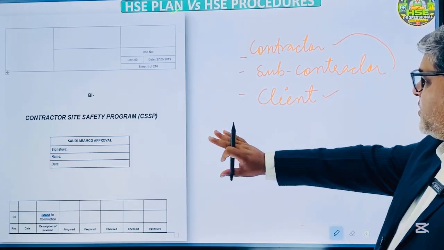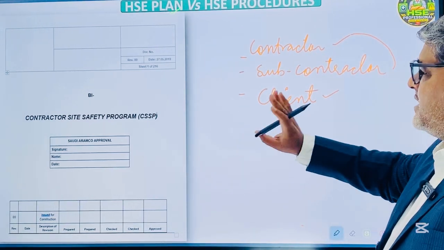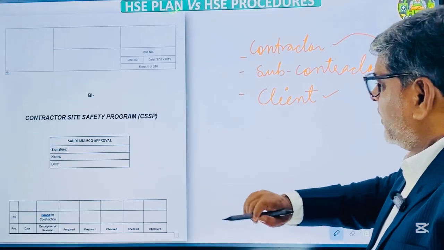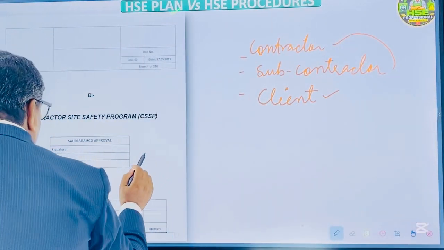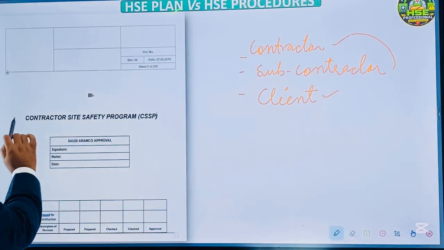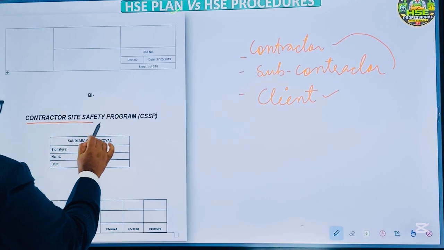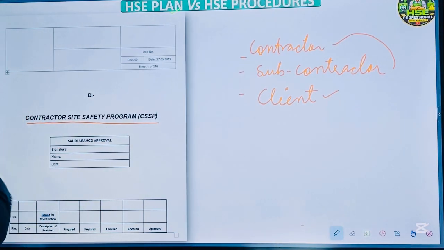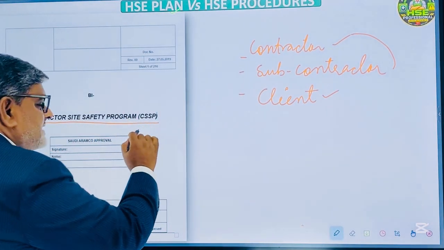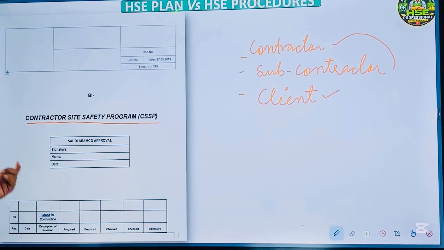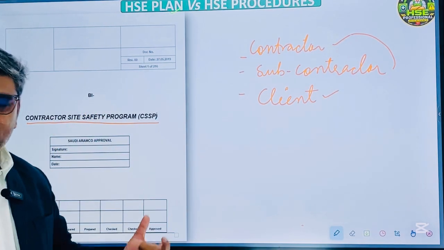So this procedure will be called HSC procedure. Even though in Aramco, actually I am working in Aramco as an HSC manager, so I have just taken this point from Saudi Aramco. In Saudi Aramco we say CSSP, contractor site safety program.